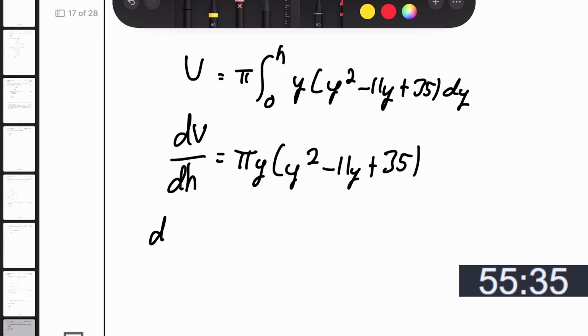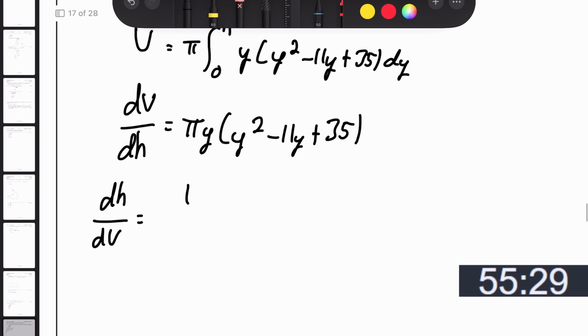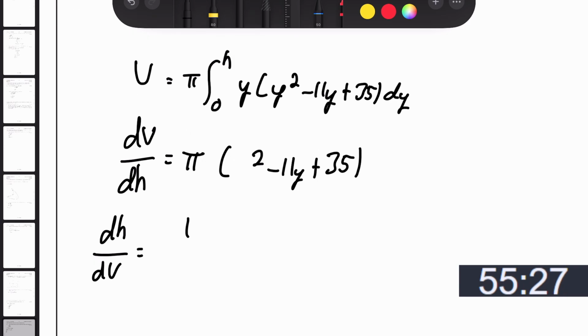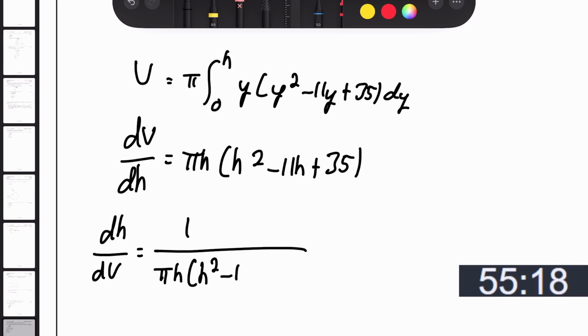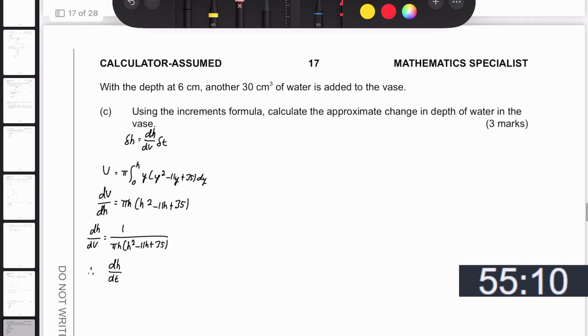Okay, so then dh dv is equal to 1 on all of that. Oh, I need h of this. So pi h squared minus 11h. Therefore, dh dt. Wait, no, what am I finding?